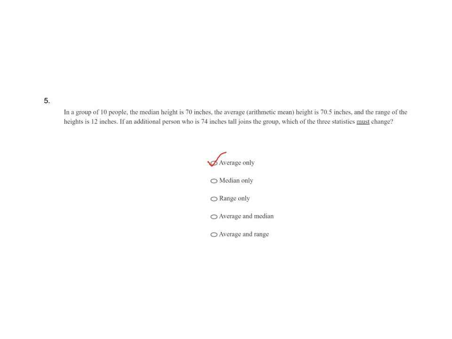We can't say about the range as well because we don't know the least number and the maximum number. So if there are 10 people and 1 person has been added, then the average must change. So the option A will be the correct answer.